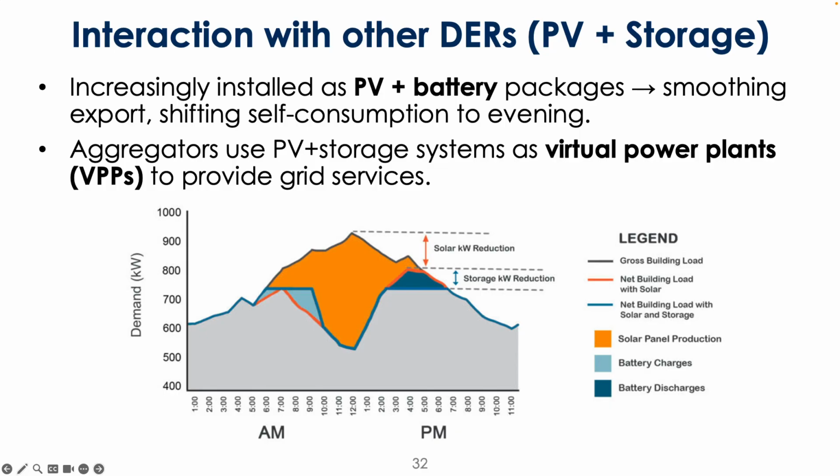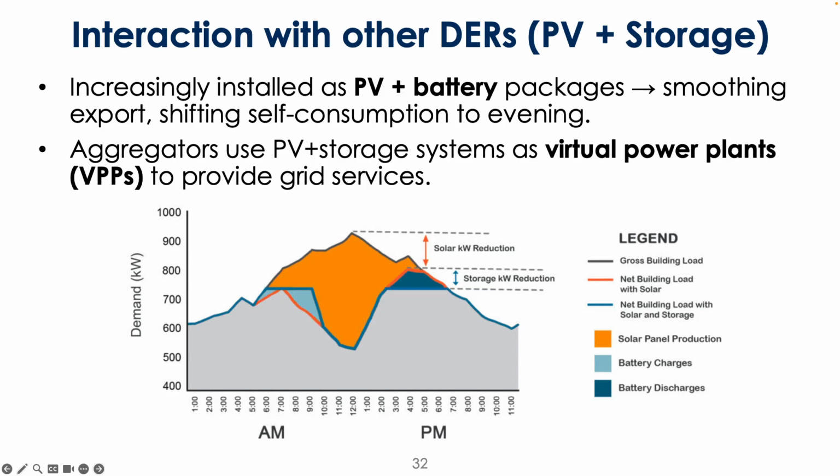Interaction with other DERs. So, specifically thinking about coupling PV rooftop solar with storage systems. This is something that we see increasingly happen, particularly with NEM 3.0, right? Customers are heavily incentivized to group these things together.